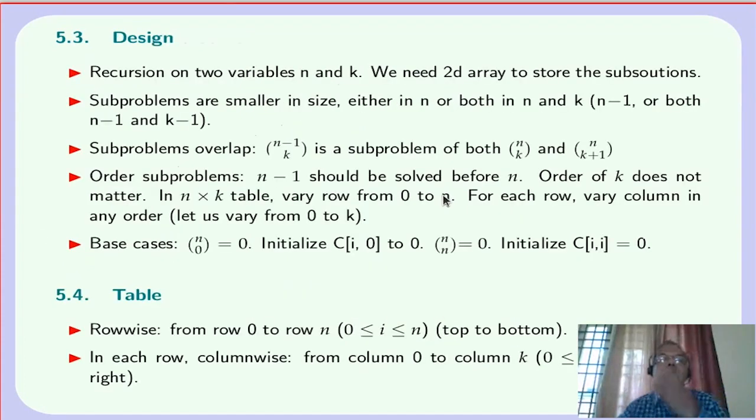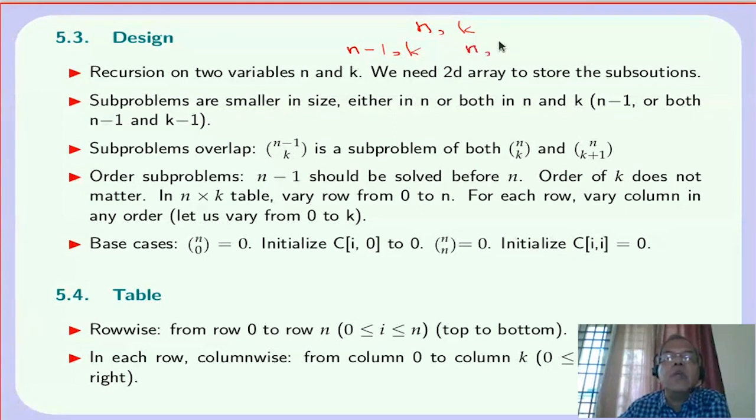Now for design. Recursion on two variables n and k. Therefore, we need a two-dimensional array to store the subsolutions. When do we say a subproblem is smaller than a given subproblem? Since a problem is given in terms of n and k, suppose n is reduced to n minus 1, even if k is not reduced, that's a subproblem.